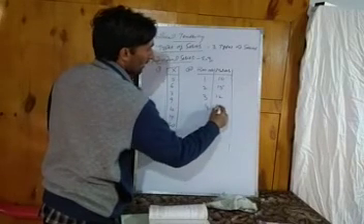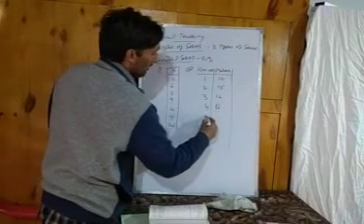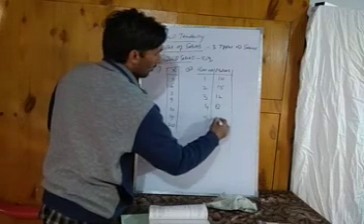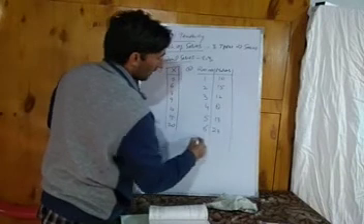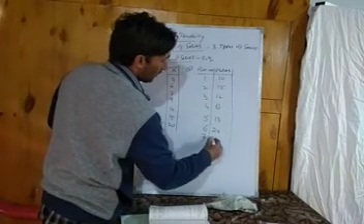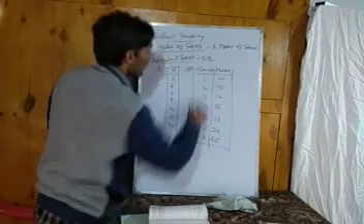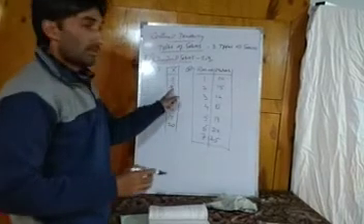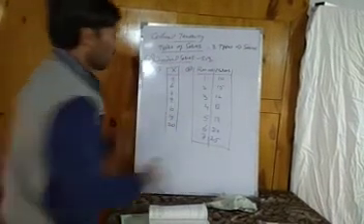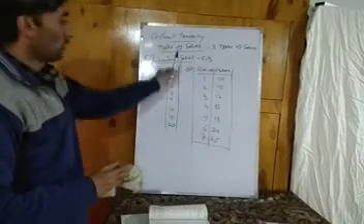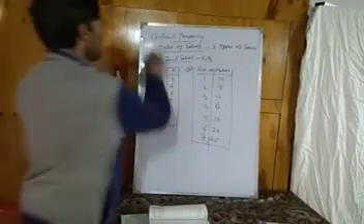Roll number 4, 8 marks. Roll number 5, for example, 13 marks. Roll number 6, 20 marks. Roll number 7, 25 marks. So this is also an individual series, but there are roll numbers and marks. Simple example of individual series.